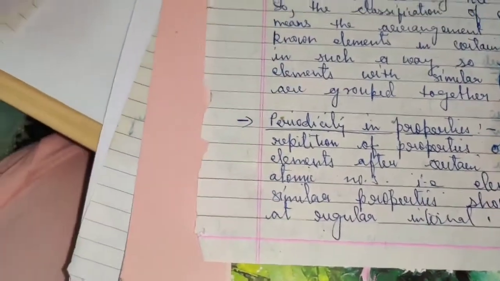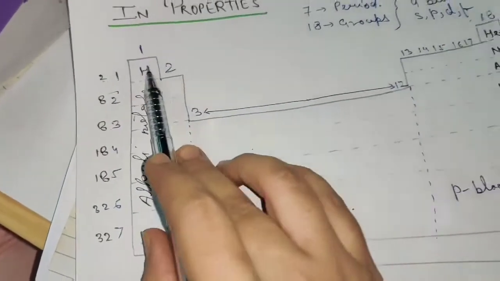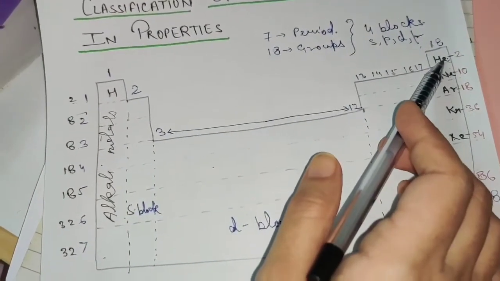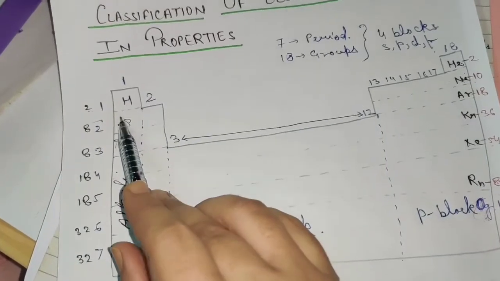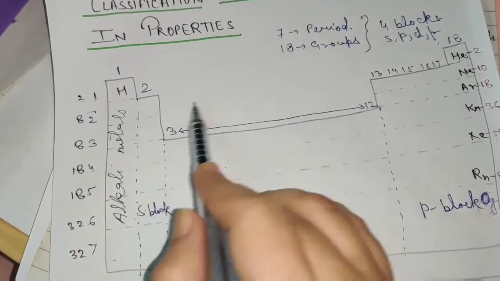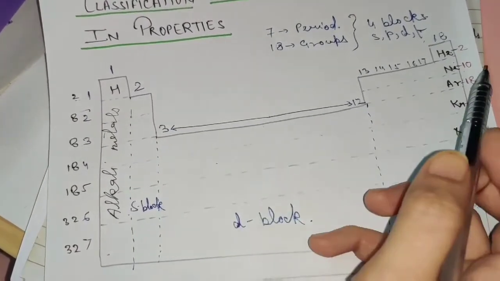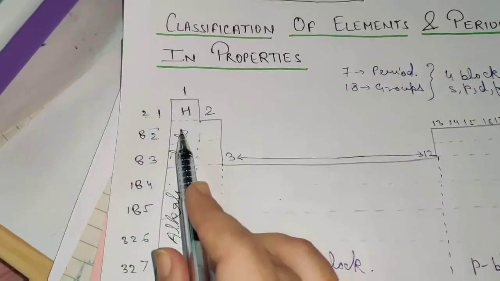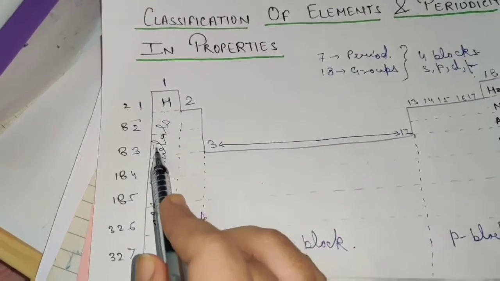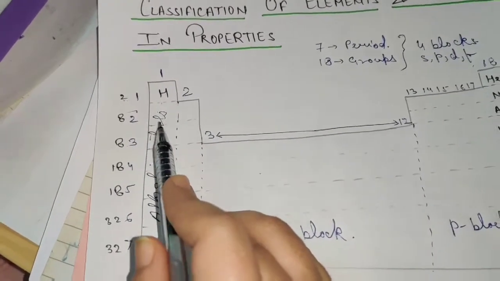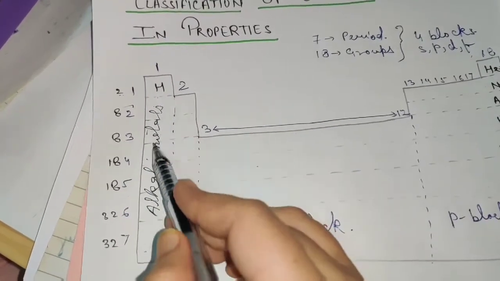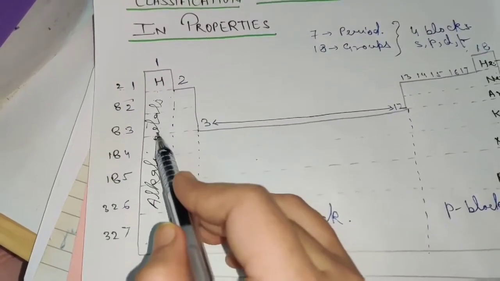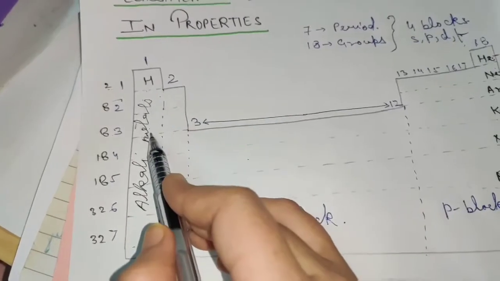Like if you start from hydrogen, after hydrogen next will be helium, atomic number 2, and then again after filling this entire period, you will have lithium. Okay, and then below this you will have sodium. Now if you compare the properties of lithium and sodium, you'll find that their properties are more or less similar.